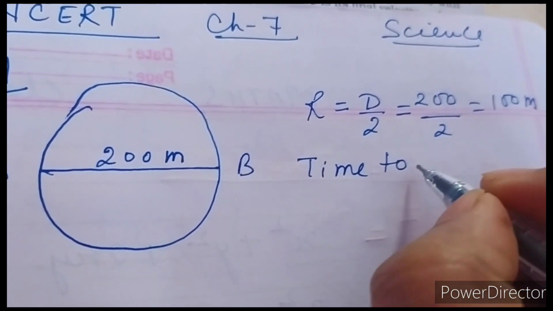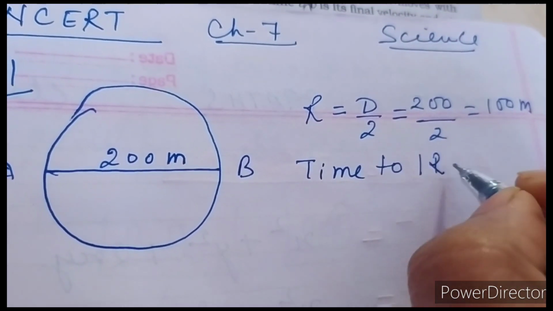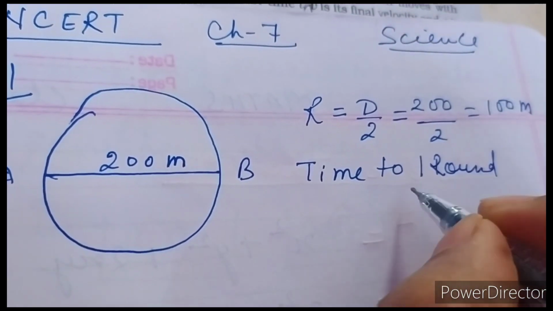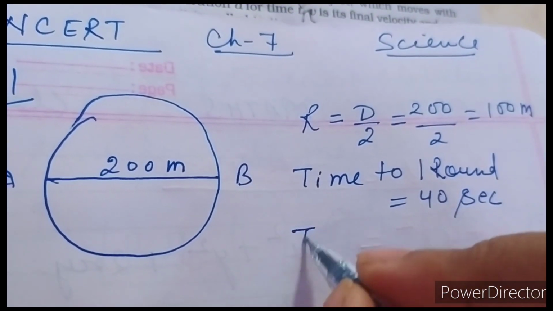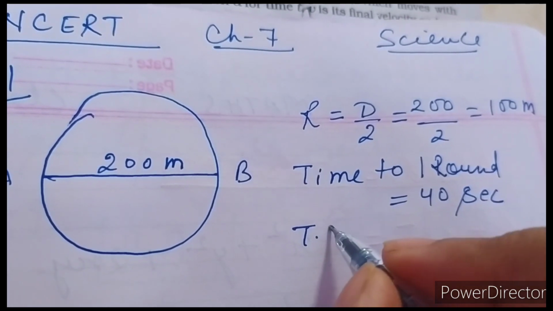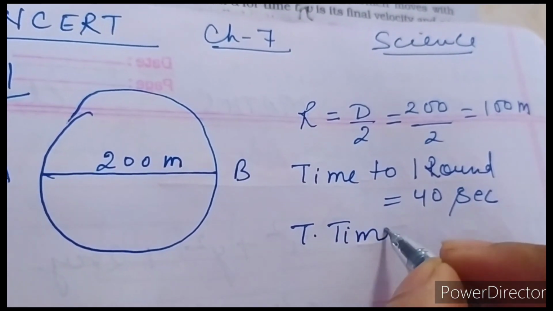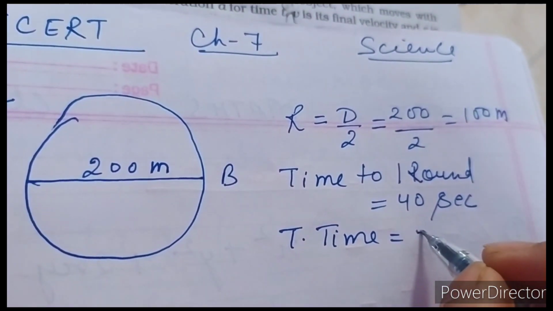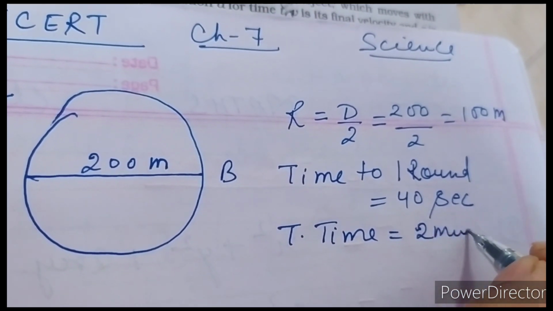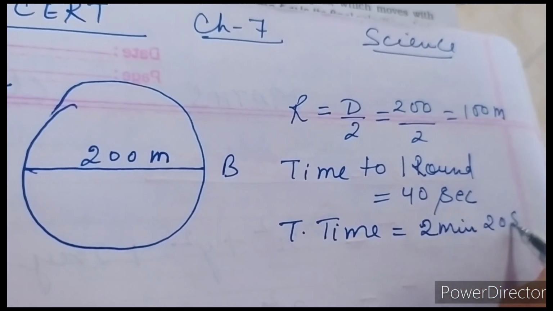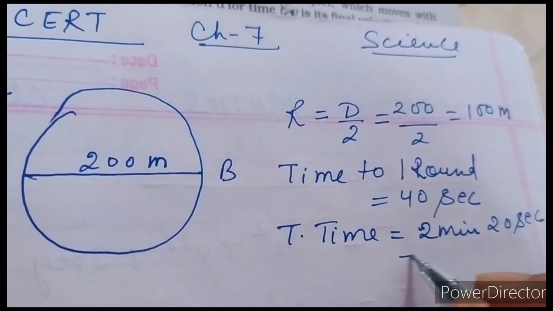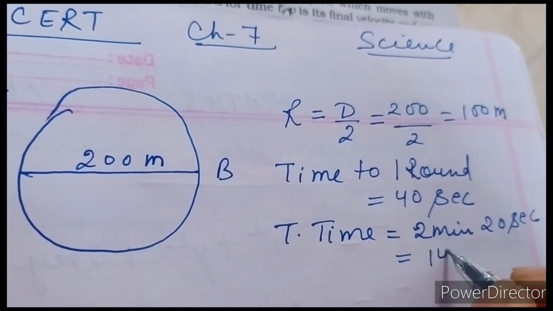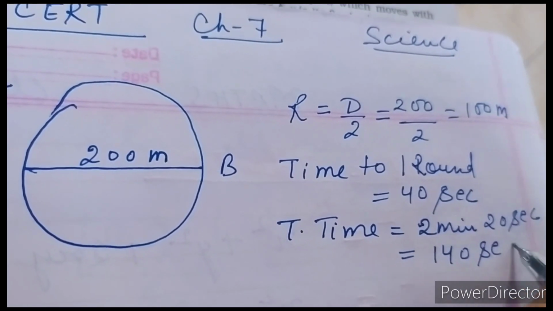Time taken to complete one round is equal to 40 seconds, and total time that has been given is equal to 2 minutes 20 seconds. So first we'll convert that 2 minutes 20 seconds into seconds. So that will come out to be 2 into 60 plus 20. That will be 120 plus 20. That will be equal to 140 seconds.